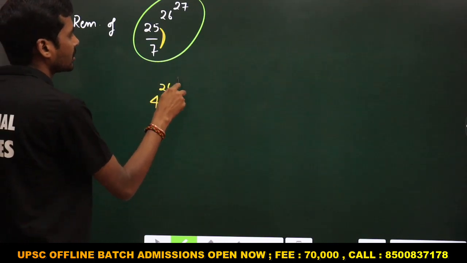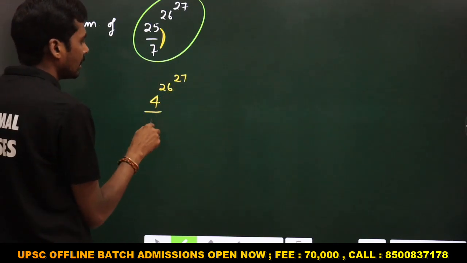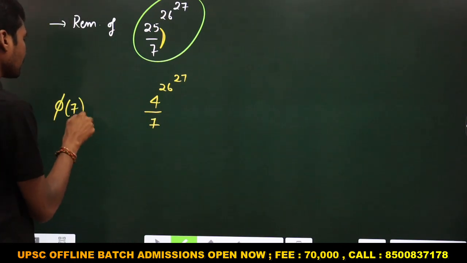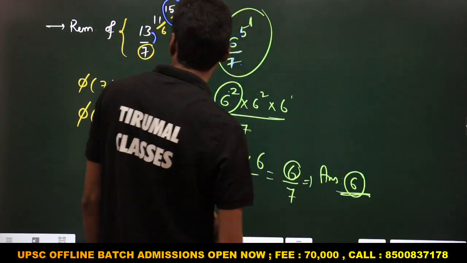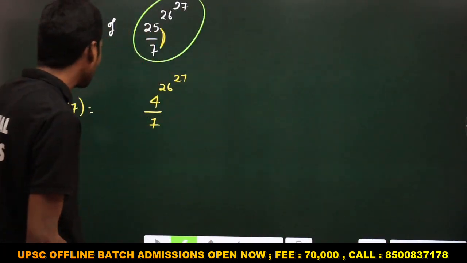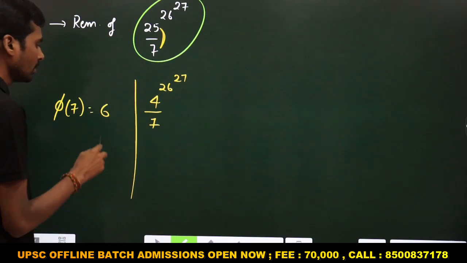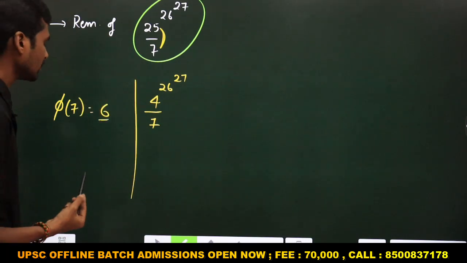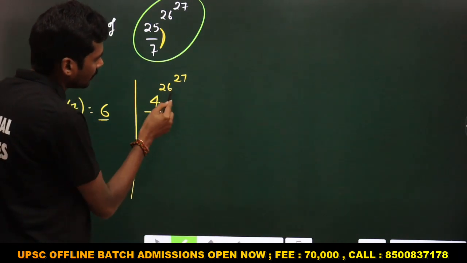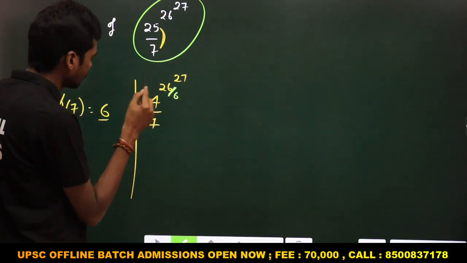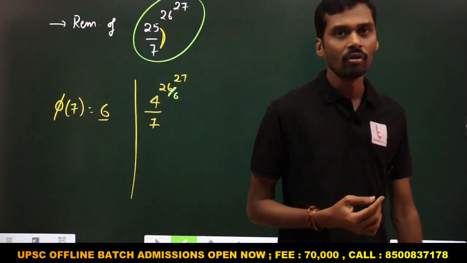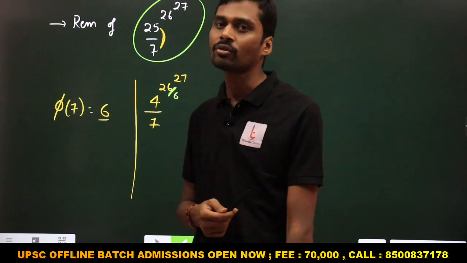Immediately find out the pi of 7 value. You can directly remember this one, the value is 6. I'm not finding it again because we have already found that one. So divide the power 26 with 6. 6 4 is 24, the remainder is 2.